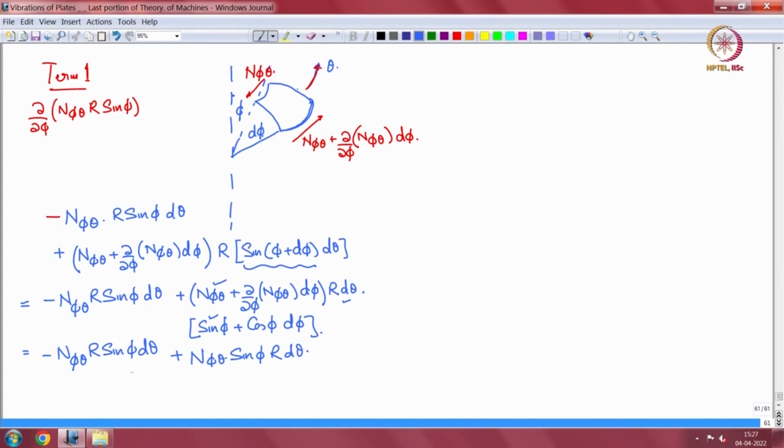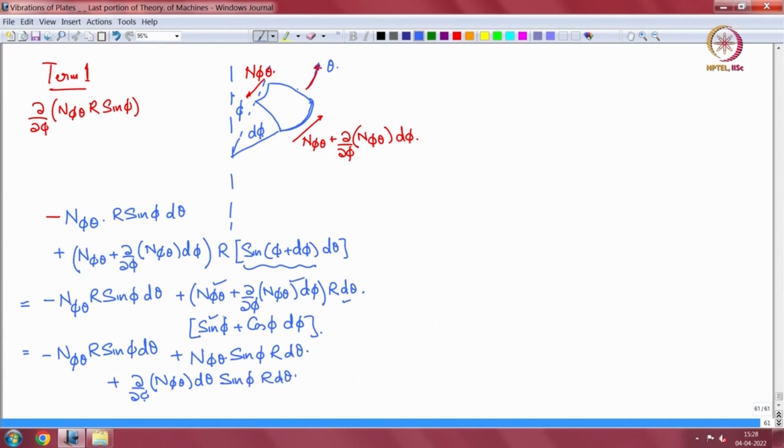Next I have plus del phi n of phi theta d theta sin phi r d theta.